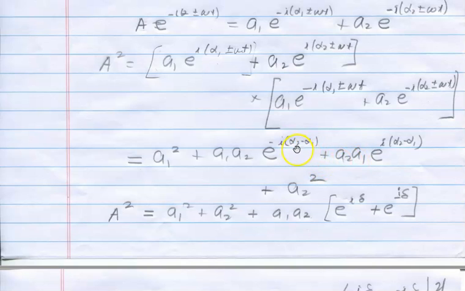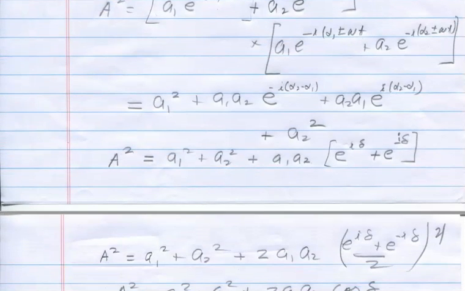And the way I've written it, pretty obviously, delta is the phase difference, so delta is just alpha 2 minus alpha 1. I'll write this term first, so it's e to the I delta, and then this one is e to the minus I delta. So I have that. Again, I can multiply by 2 and divide by 2.